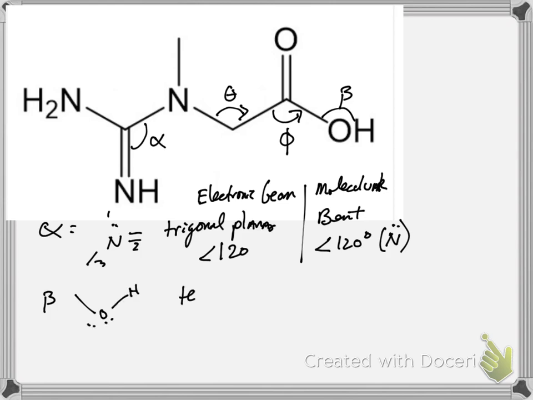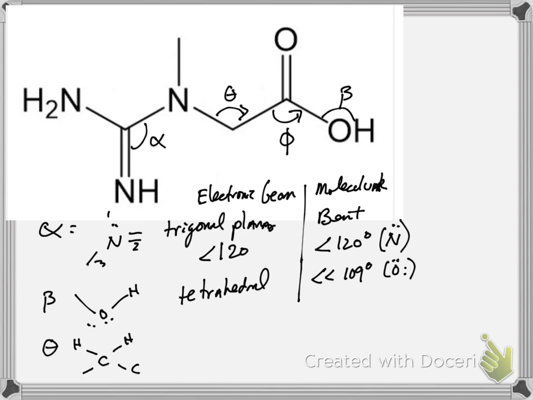All right, go to beta. Here's oxygen, electronic tetrahedron, just like water. It's 2 lone pairs, less than 109. Angle theta is just a carbon-containing molecule. We don't see the hydrogens, but we know they're there from line structure ideas. And so this is tetrahedral, angle 109.